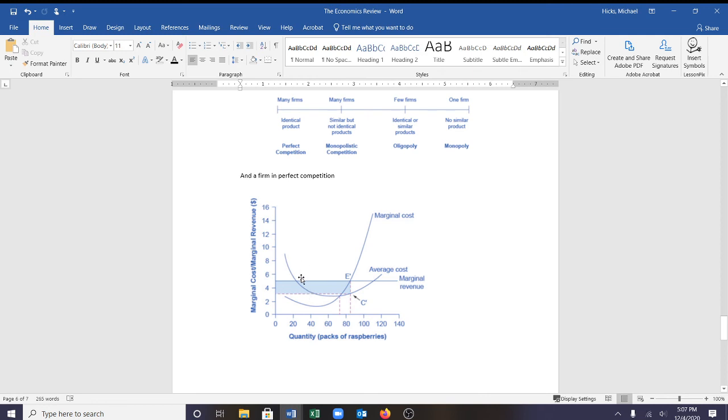Other firms would enter the market, squeeze out that profit, and the marginal revenue curve would then be down at the minimum of the average total cost curve. And that market entrance and exit is what causes equilibrium in competitive markets. Without entrance and exit, you don't have price moving to equilibrium.